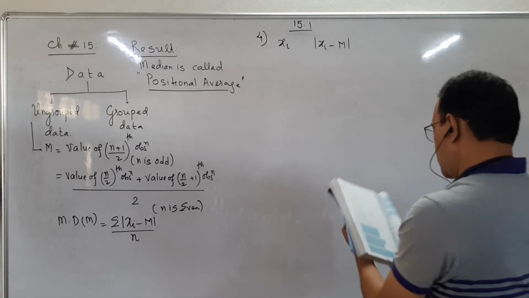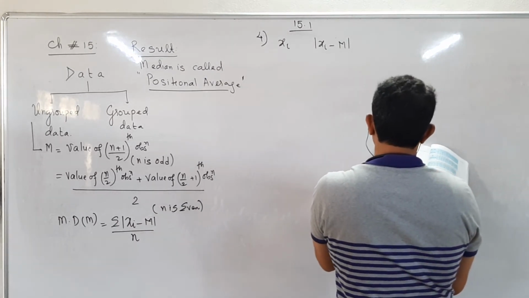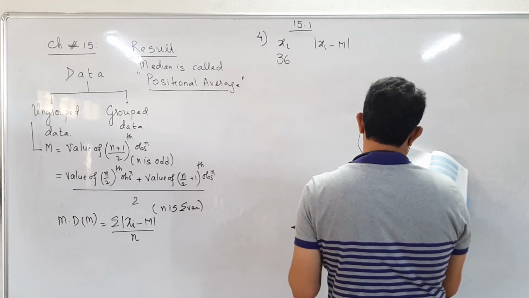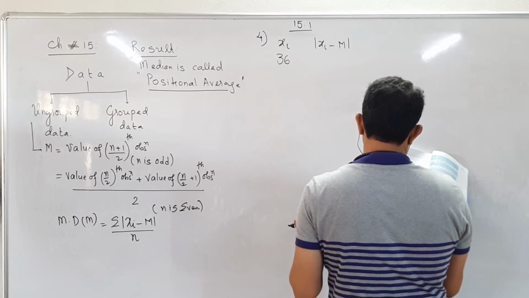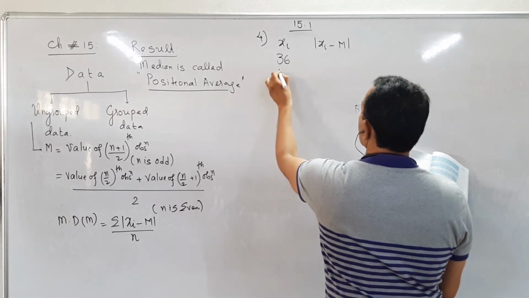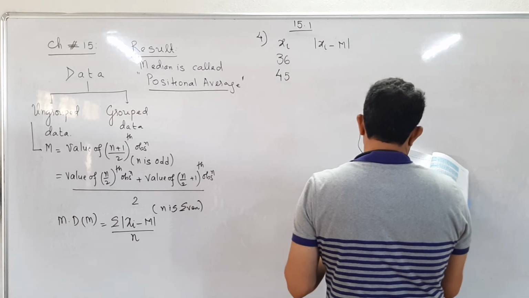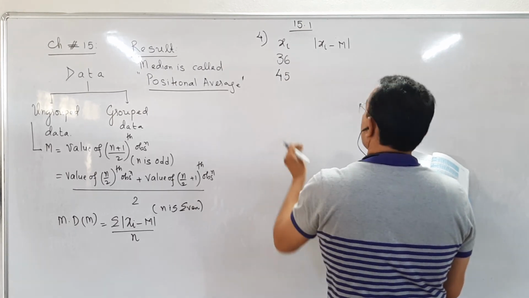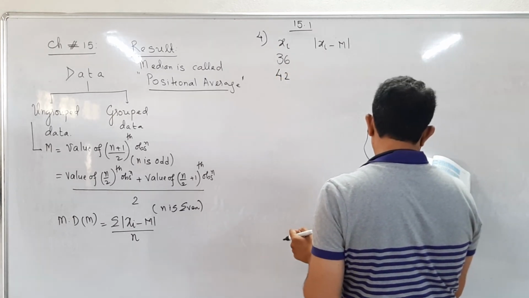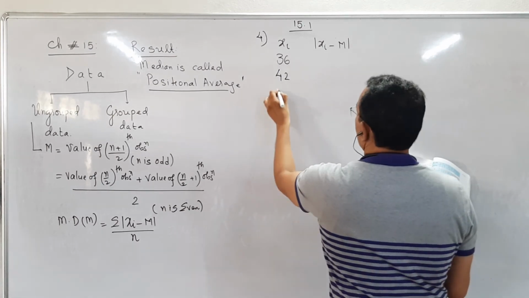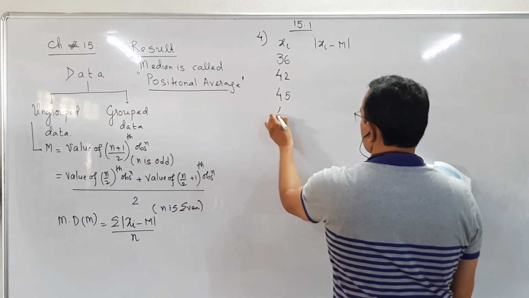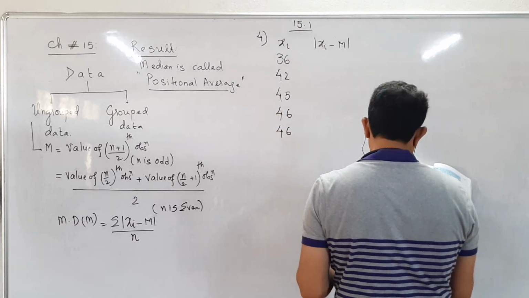Now here, students, the least of all the observations is 36. After 36, we have 42. After 42, students, we have 45. After 45, 46 is repeated twice.